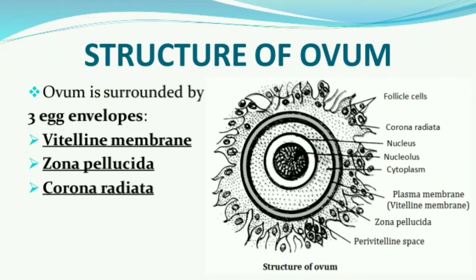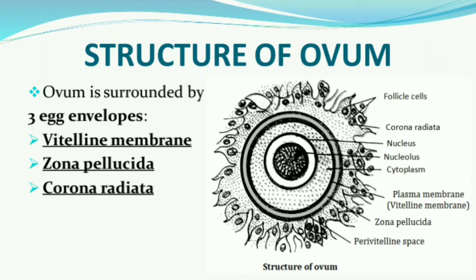The second layer is the zona pellucida. It is middle, thick, transparent and non-cellular. It is secreted partly by follicular cells and partly by the oocyte. Now the zona pellucida carries a chemical named fertilizin that is composed of glycoprotein. Remember, this term is very important for the NEET exam.